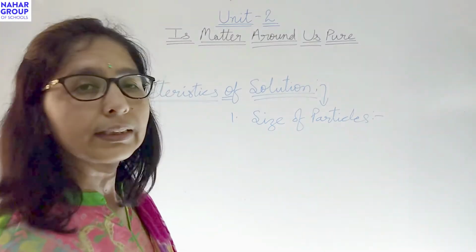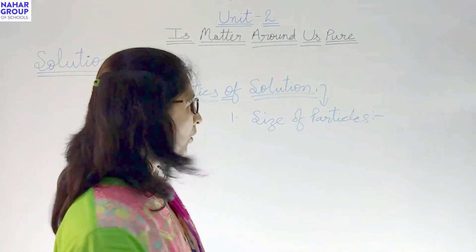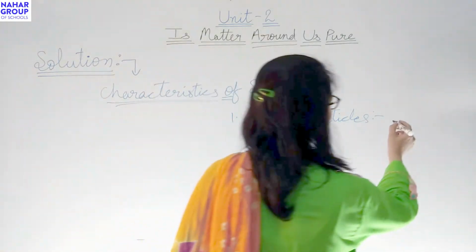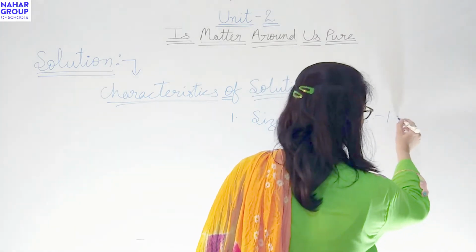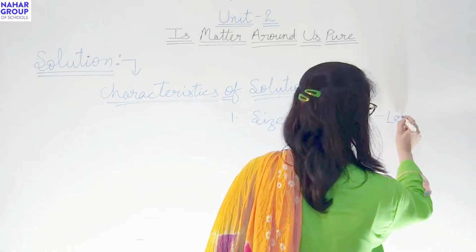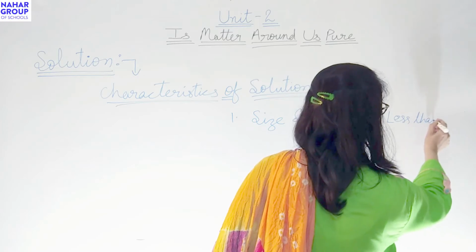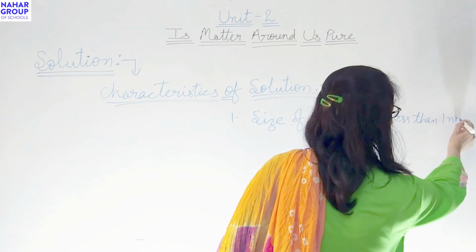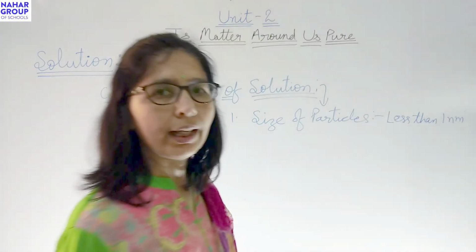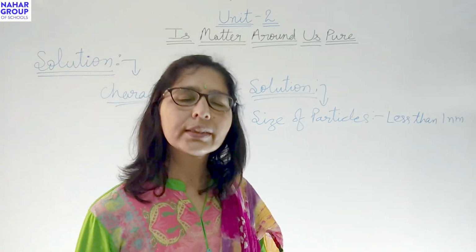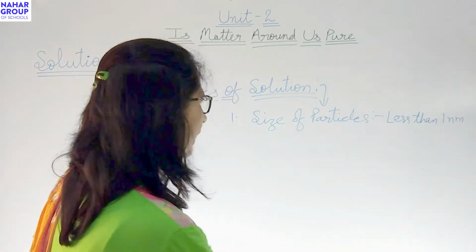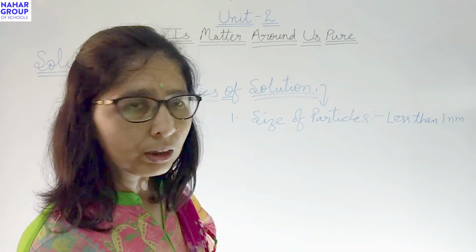Particle size of the solution means the particles are very small in size and it is less than 1 nm. 1 nm is the unit, that is nanometer. Size of the particle is very small.